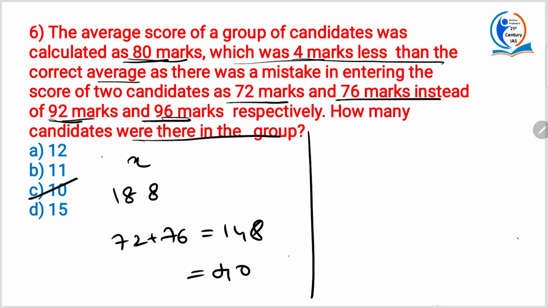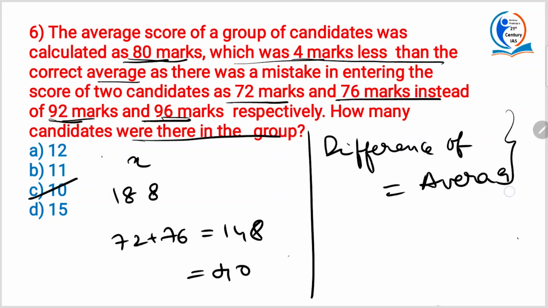Now here you have to know that the difference of averages is equal to the average of differences. See, it might sound like some Greek and Latin, but what I am saying is, if you want to simplify your calculation, all that we did in the previous method has to happen in your head. And from that calculation, you will infer that the difference of averages is equal to the average of differences.